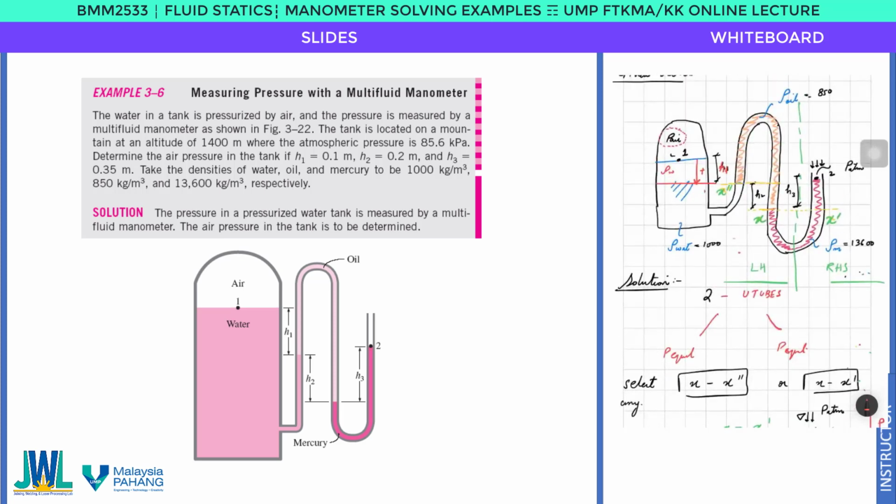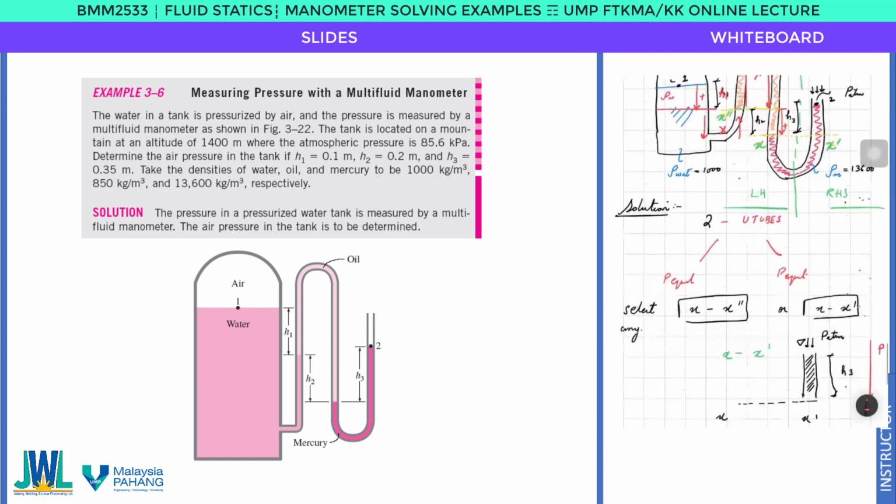Then from here to here it cancels out because it is the same type of fluid, same water. Then from here to here also, I go up and I go down, so it cancels out also. So the only thing remaining is I go down until here. So this is oil only.